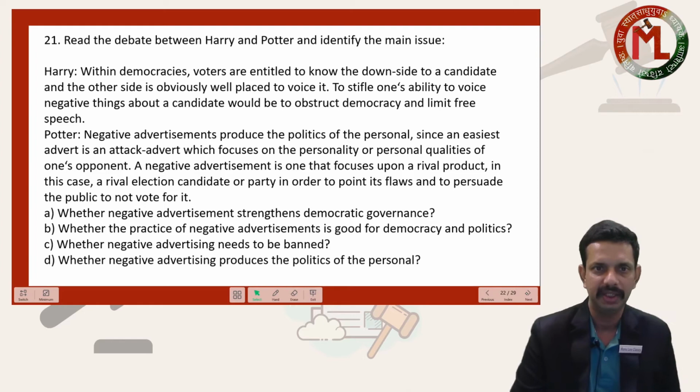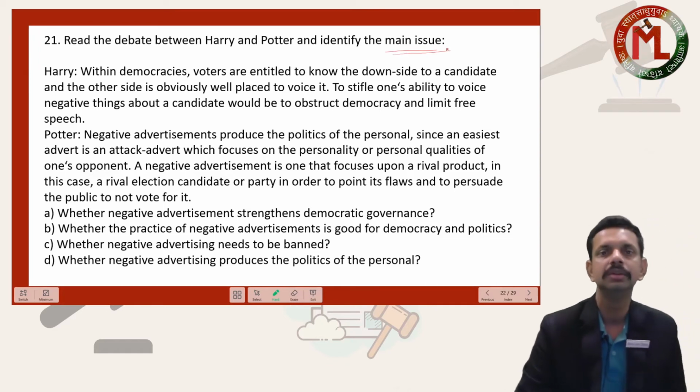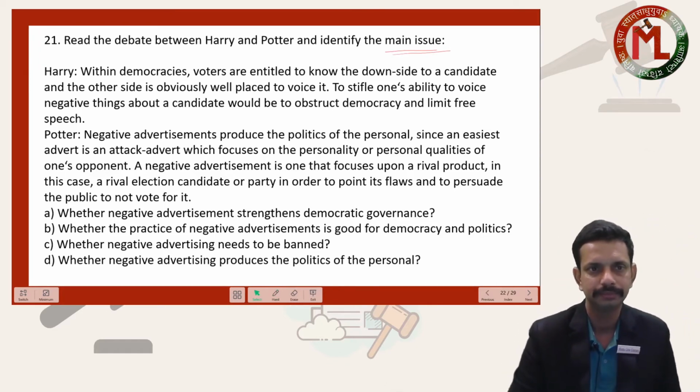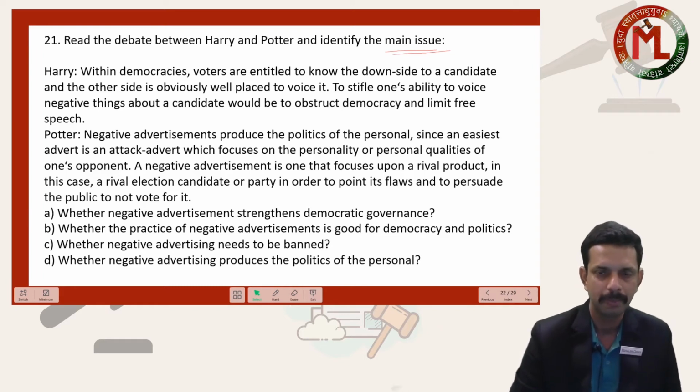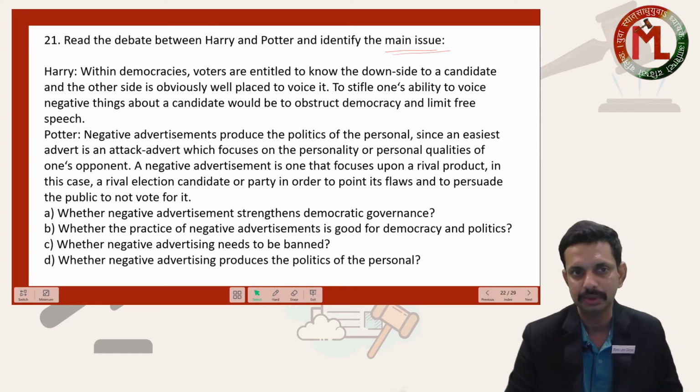Read the debate between Harry and Potter and identify the main issue. Now you have to identify the main issue of the debate, right? Now, so on the basis of the given passage, actually, if it is a debate, Harry and Potter both are given 2 statements.